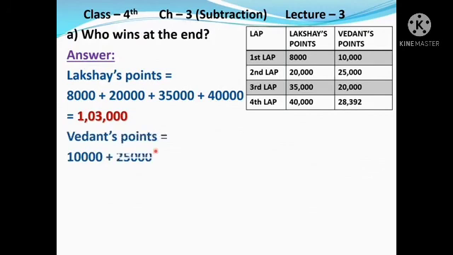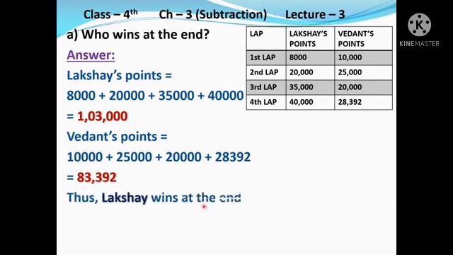Now, Vedant's points equal 10,000 plus 25,000 plus 20,000 plus 28,392, and that is equal to 83,392. Now we will compare. See, 1,03,000 is greater than 83,392. Thus, Lakshay wins at the end.